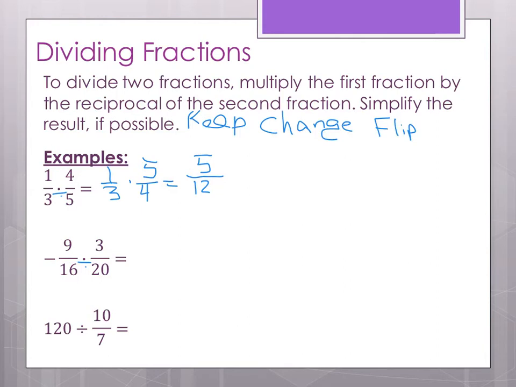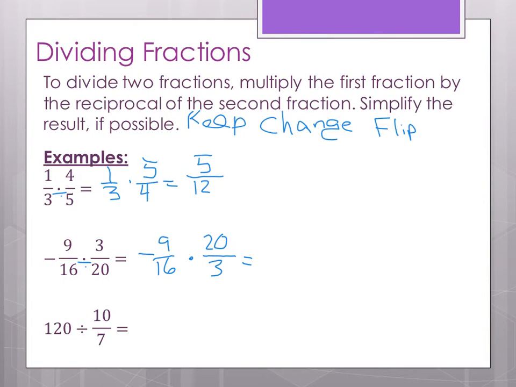Next, -9/16 divided by 3/20. I'm going to keep the first, -9/16, change to multiplication, and then flip the second, so I get 20/3. Now, I could start multiplying now, but I'm going to use that trick that we learned from the previous video when we were multiplying fractions. I'm going to cancel out common factors in this step before I multiply.